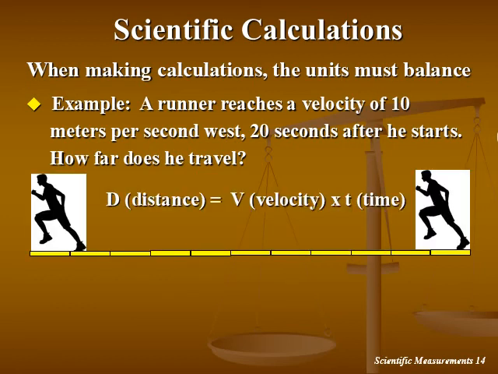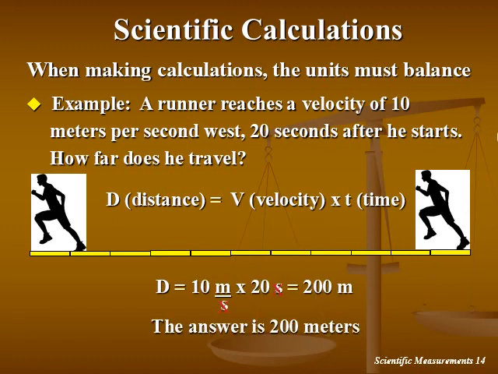The distance, d, is equal to the velocity, v, times the time, t. In this equation, we substitute 10 meters per second for the velocity and 20 seconds for the time. Note that the seconds in the denominator of the velocity and the numerator of time cancel each other out, so we are left with the distance in meters. Therefore, the answer is 200 meters.